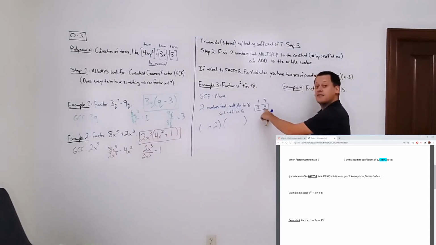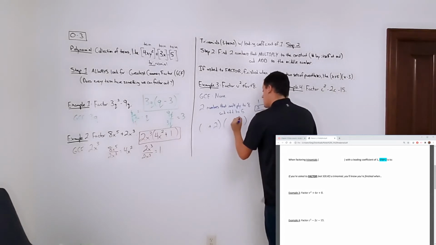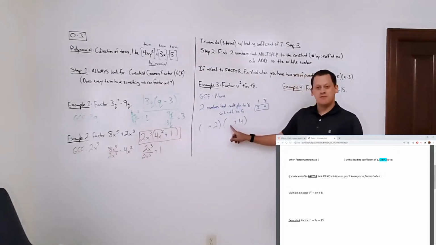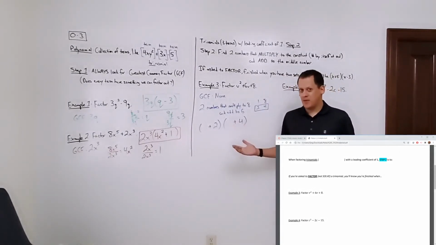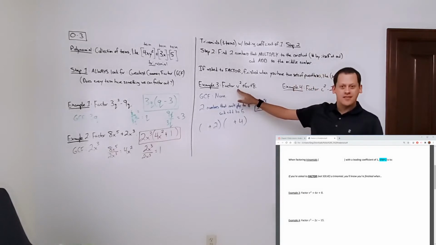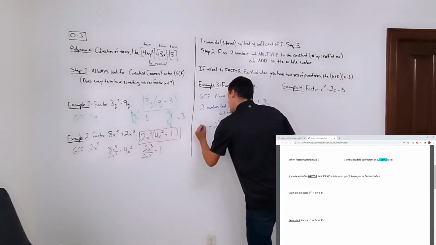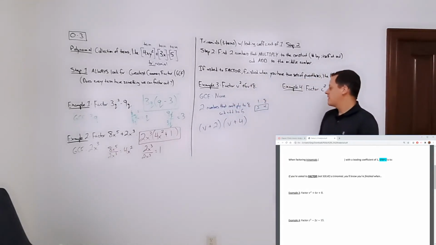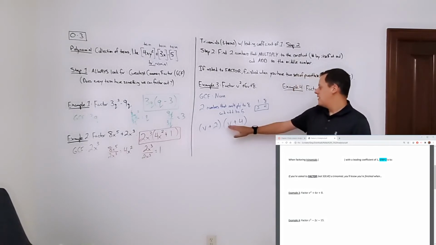This is a positive 4, so I'll write plus 4 in the back of that one. All that's left is to put what goes in front, and what goes in front is the letter that the problem is about. This is about V, so V goes in the front. So we've got V plus 2 and V plus 4.